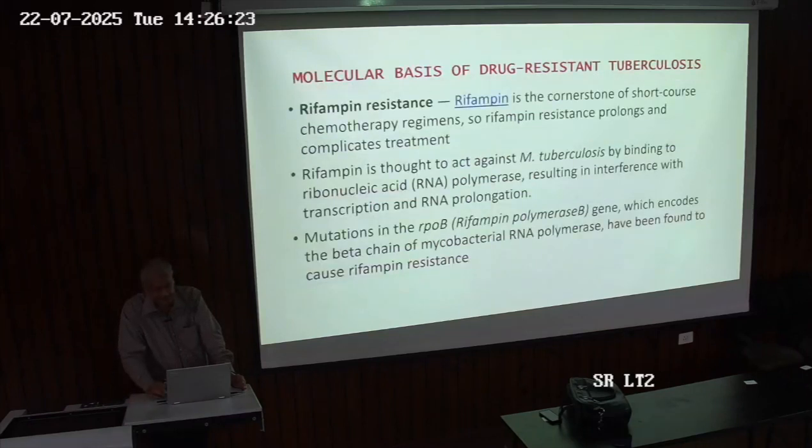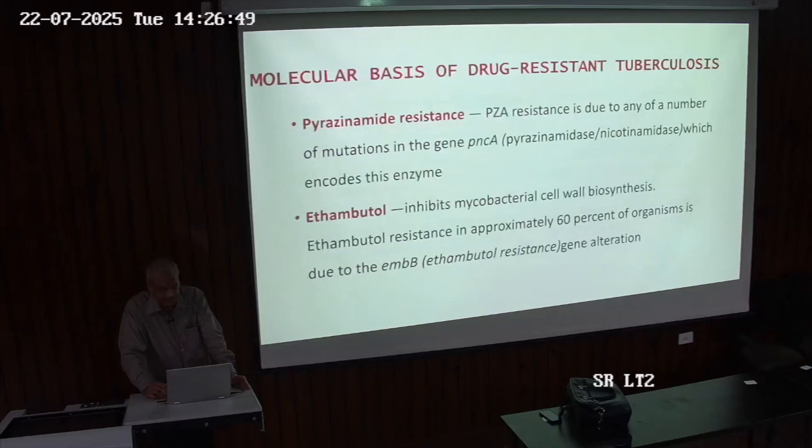Again, rifampicin is a basic drug which is always to be used for initiation and maintenance phase, and the basic mechanism is by binding to RNA polymerase, resulting in interference with transcription and prolongation of RNA. Mutation in the RNA polymerase gene leads to mycobacterial resistance.